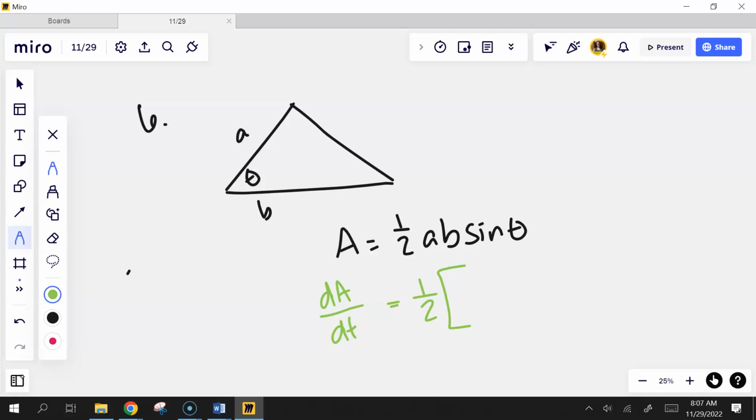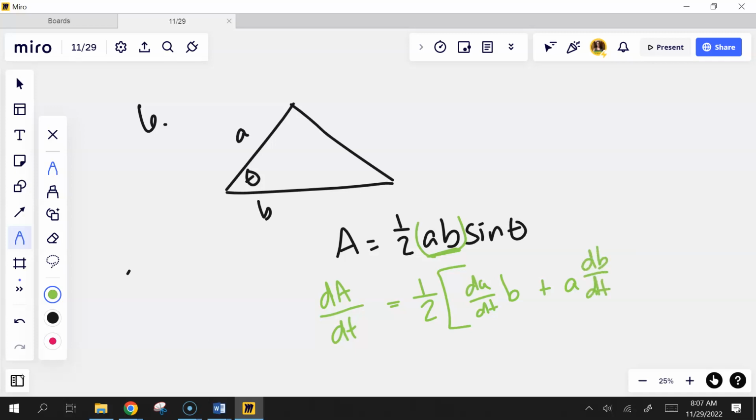All right, it looks like I've got 3 things multiplied together. So I'm going to do these 2 as a product and then by the third. Whenever I do derivative of the first, I'm going to do derivative of A, which is dA/dt, times the second, plus the first times derivative of the second, which would be dB/dt.